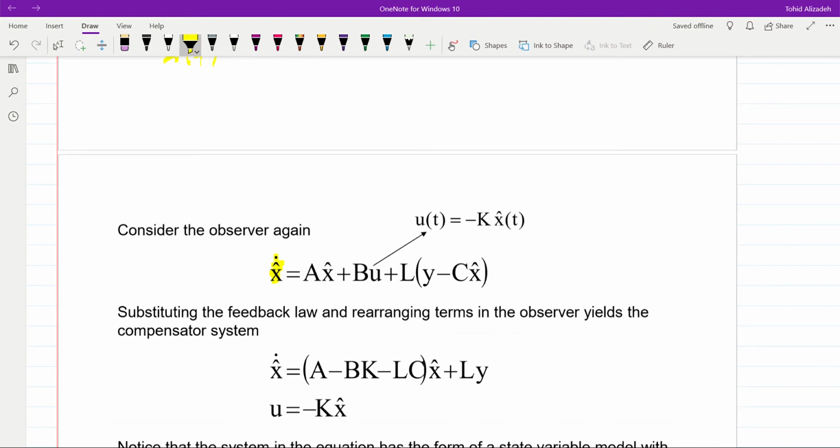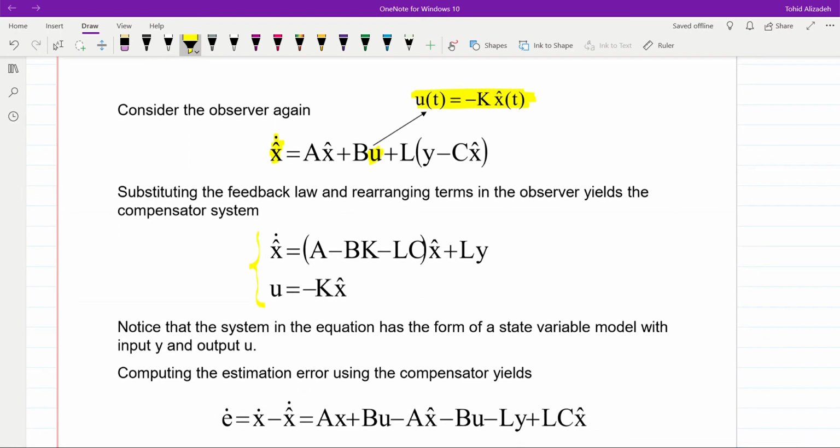And now we replace u with minus k times x hat. And therefore we will get x hat dot equal to A minus BK minus LC times x hat plus L times y. And u is again equal to minus k times x hat.